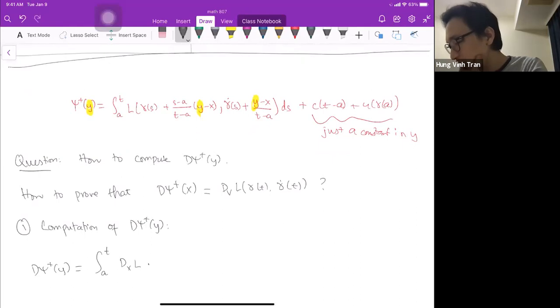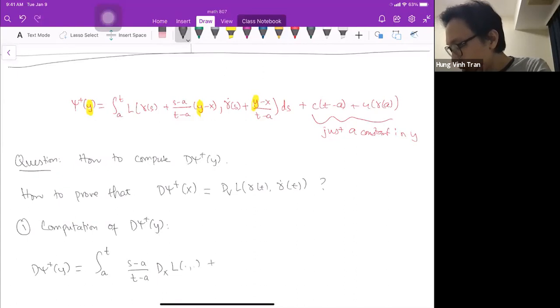If I differentiate in y, I just get a scalar constant, right? So it's (s minus I) over (t minus I) times D_x L, evaluated at whatever.